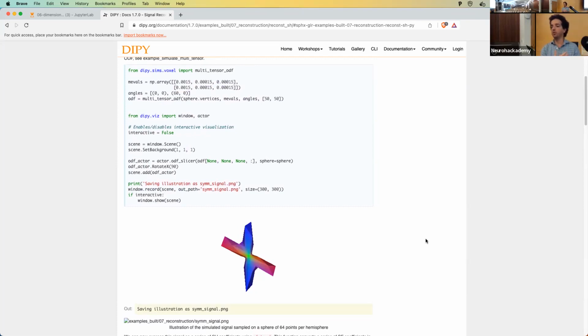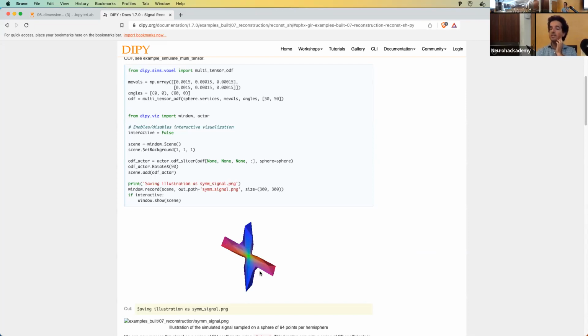We're using a method called constrained spherical deconvolution that takes the signal that exists on a sphere, and deconvolves that signal with the signal that you would have in a voxel that had only one orientation of one fiber. What it tells us is, you can think of this as weights in a linear regression, right? It says, oh, there's a lot of this single fiber signal over here, and then there's a little bit of that signal over in this direction as well.